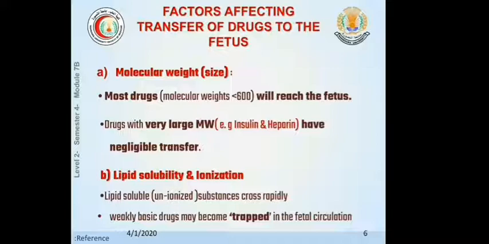Again, drugs that are ionized at physiological pH cross slowly, but most weak acids and weak bases with pKa between 4 and 8 are transported through the placenta to the fetus rapidly.